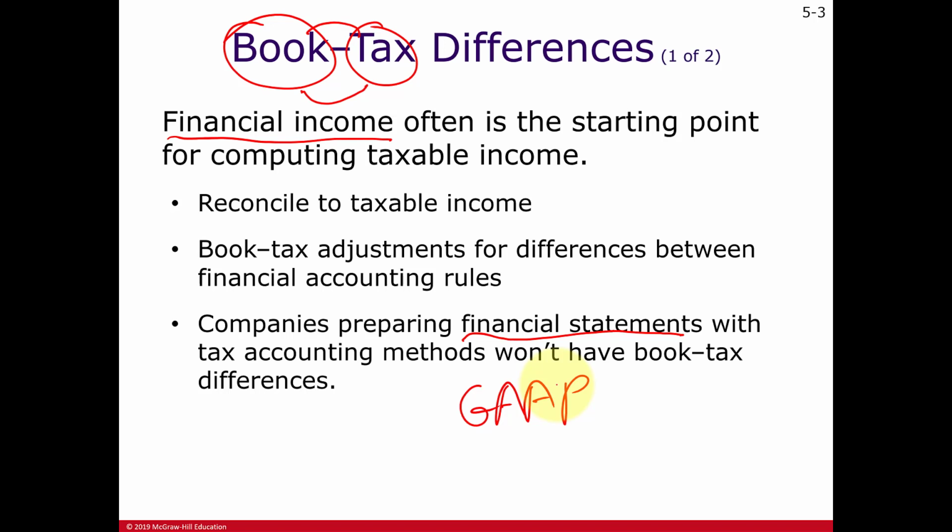That probably will require GAAP prepared, really accrual basis method of accounting prepared financial statements. Maybe the only reason some smaller corporations need a financial statement is to prepare the tax return. So why not prepare a financial statement based on tax rules versus GAAP rules? It makes things much simpler, so you don't have to convert this so-called book to tax adjustments we're learning in this chapter.